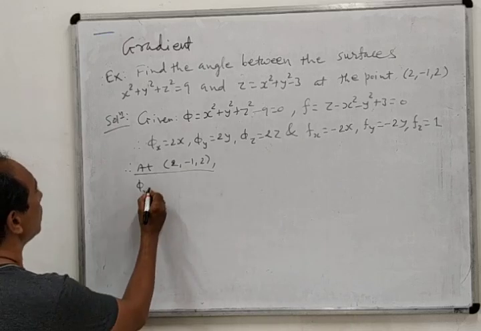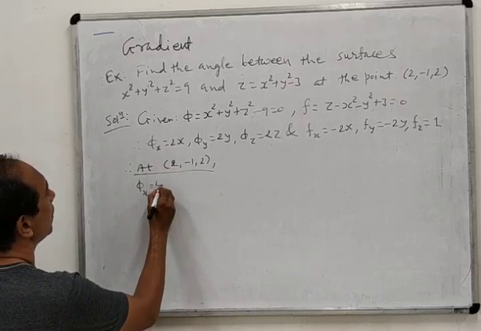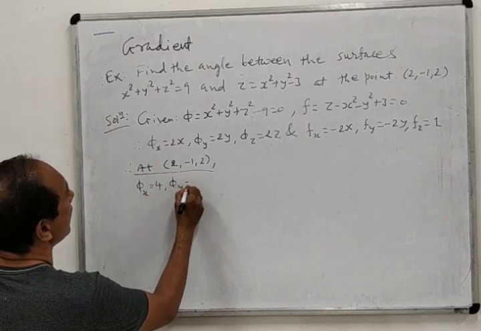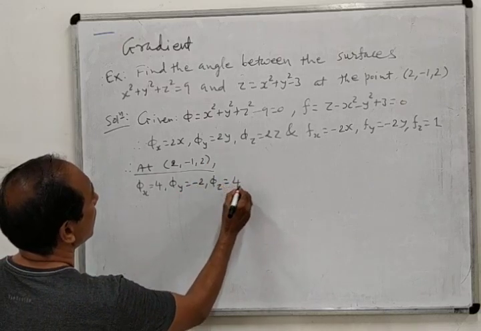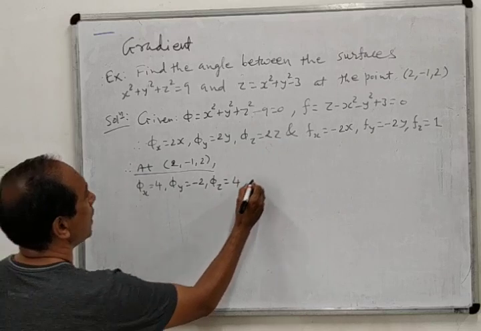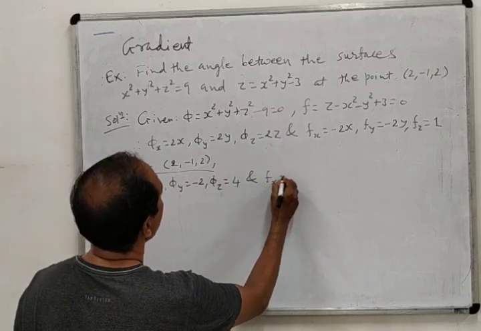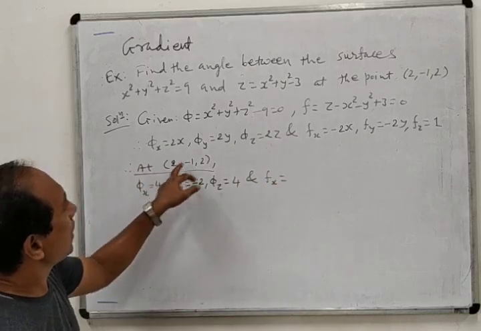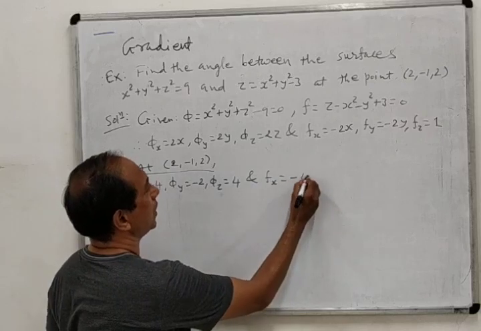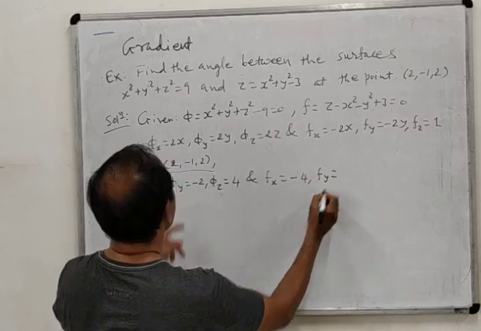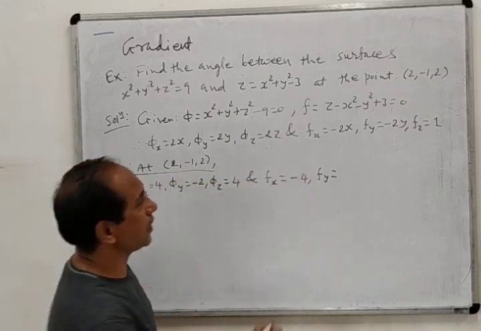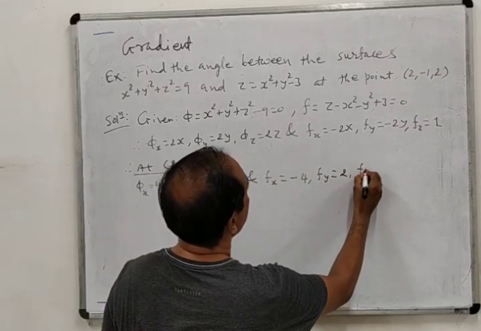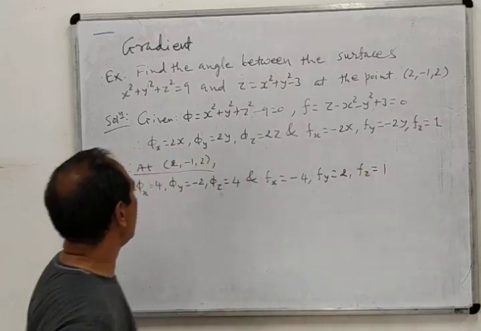So phi x equal to, here x is 2, so 4. Phi y is what? y is minus 1, so minus 2. Phi z is 4 because z is 2. And f x equal to minus 2x, x is 2, so minus 4. f y is minus 2y, y is minus 1, so there it is 2. And f z is 1 only, there 1.